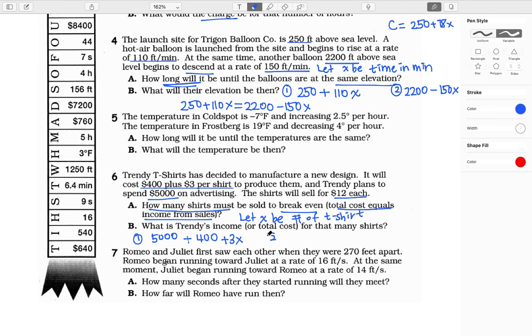On the other hand, the earnings that I'm going to make is going to be $12 per x, the number of t-shirts. So in order to break even, my cost must equal my earnings, my sales. So I will equate them. So it's going to be 5,000 plus 400 plus 3x is equal to 12x. And you're solving for x here.